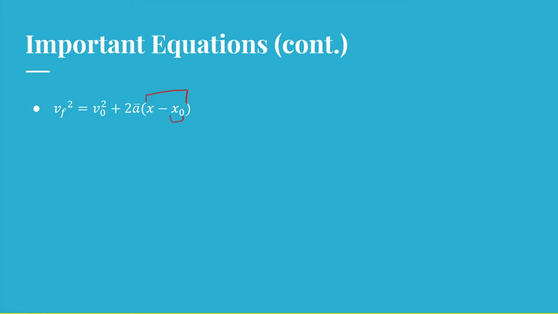If our initial x is 0, then we can write this as v final squared is v initial squared plus 2 average a times x. You use this equation if you want to solve independently of the time. So maybe you're not given the time, maybe you're trying to find the time later. This is when you would use this equation.